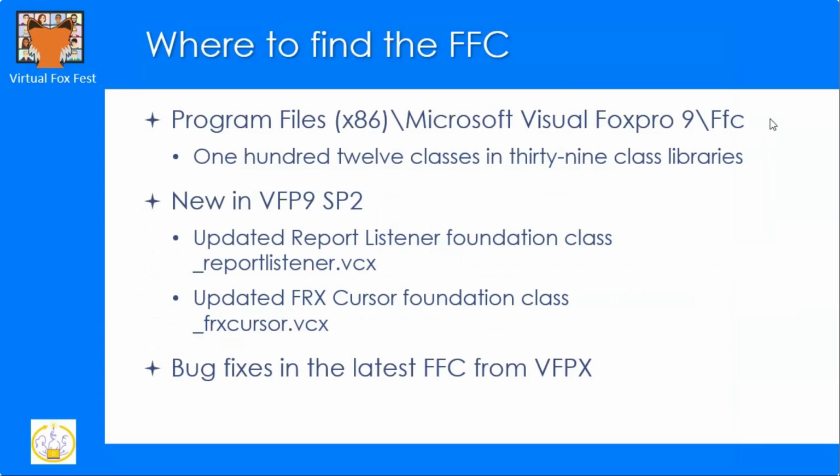But again, there are 112 classes in 39 class libraries, so there's a pretty big variety of stuff there. When VFP9 SP2 came along, there were some important updates, two in particular, the report listener and the FRX cursor. Unfortunately, there were bugs in those classes, which is why it's important to get the VFPX version.